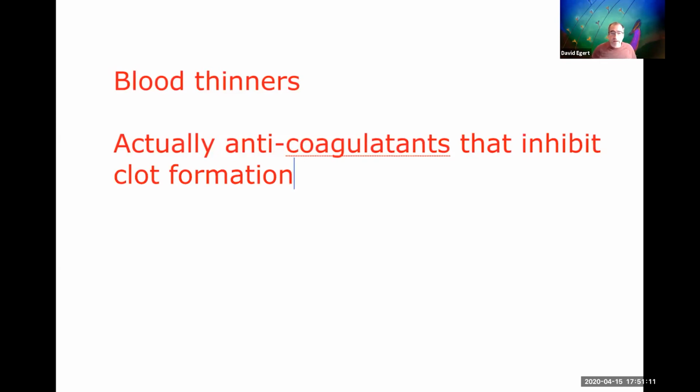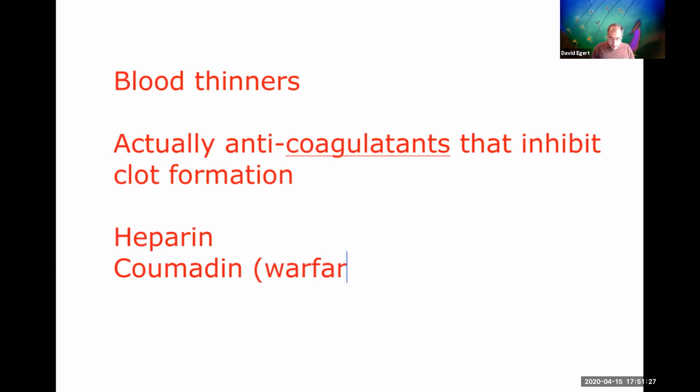So when people talk about blood thinners, what they actually mean is they are taking a drug that inhibits clot formation. Things like heparin does this, Coumadin. Coumadin is also called warfarin. And there's some other ones. So these are drugs that help keep the blood from clotting.